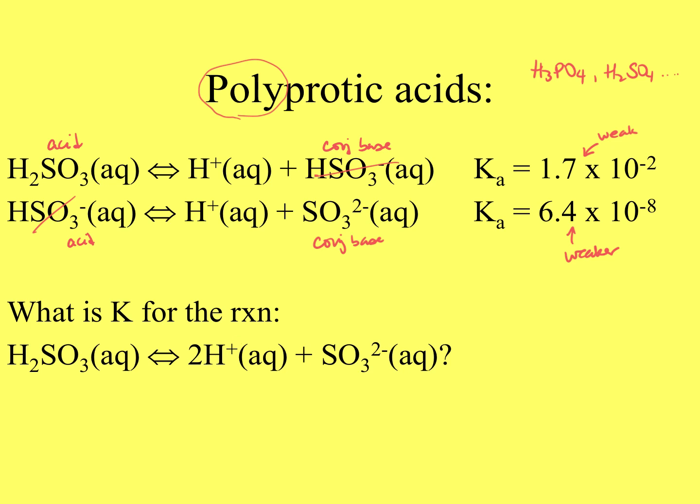When you add the two lines together, you would just multiply the first Ka, I call it Ka1, times Ka2 to give you the overall K. So we'll say 1.7 times 10 to the negative 2 times 6.4 times 10 to the negative 8 to give you the K for the overall reaction here. I'm going to go ahead and calculate that for you and tell you that that is 1.09, or 1.1 times 10 to the negative 9.